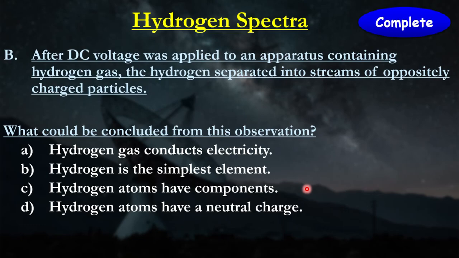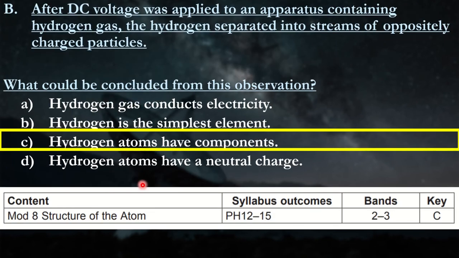Just so we start, we have the hydrogen spectra. What can we say from the hydrogen spectra if we separate into oppositely charged particles? I'll give you a second to figure that out. The fact that hydrogen can be split into subatomic particles means that the hydrogen atom has different components inside of it.